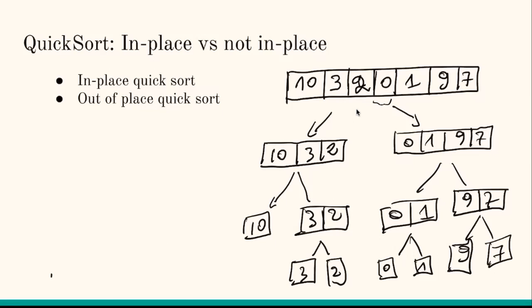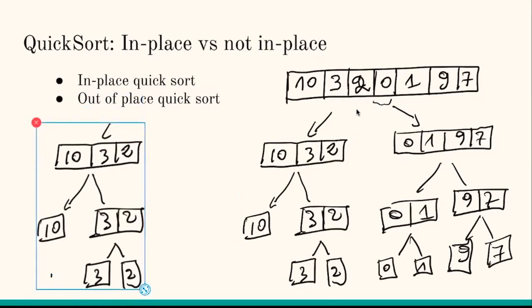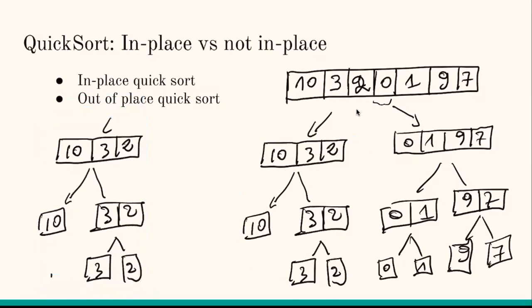How? If we consider this part, during the merging, what do we have? You have to merge this into a bigger array.